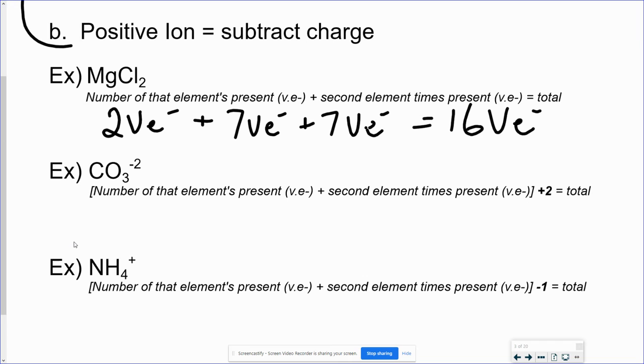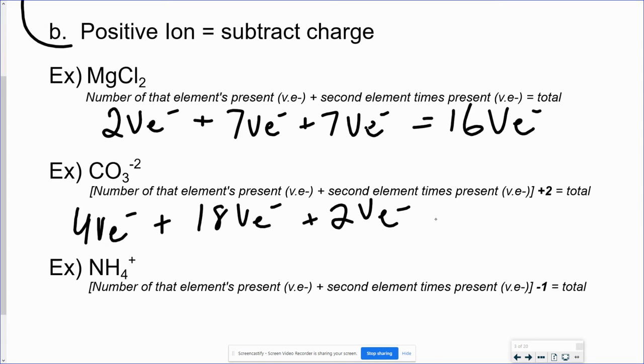When it comes to CO3 minus 2, you're going to do the same thing. Carbon is 4 valence electrons. Now, oxygen has 6, so 6 times 3 is 18. And then since it's a minus 2 charge, we're going to add 2 more valence electrons. So when you add this up, you get 4 plus 18, which is 22, plus 2 is 24.